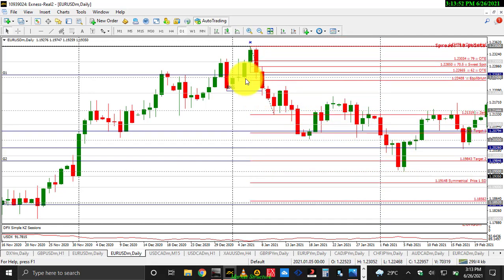Now we didn't get that pullback and we created another low. The pullback wasn't up to 50% of the range and price took out this low, which is also something you have to expect. Now let me use this to talk about something.